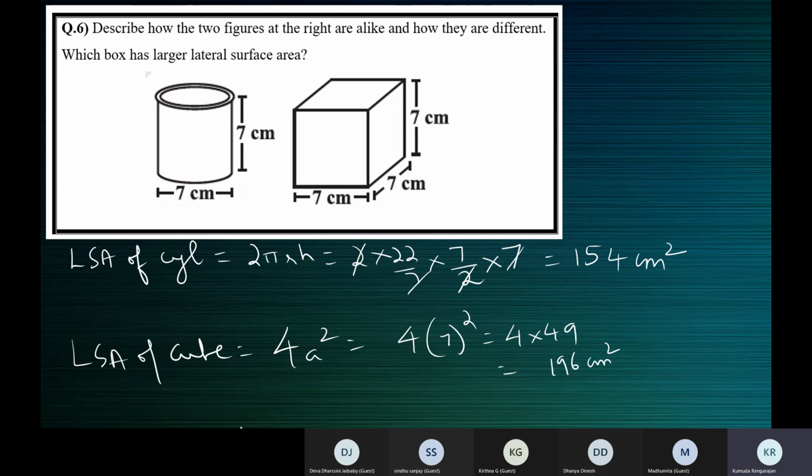So this is a cylindrical box, this is a cubical box. Both are boxes. Which box has larger lateral surface area? The cubical box has larger lateral surface area than the cylindrical box.